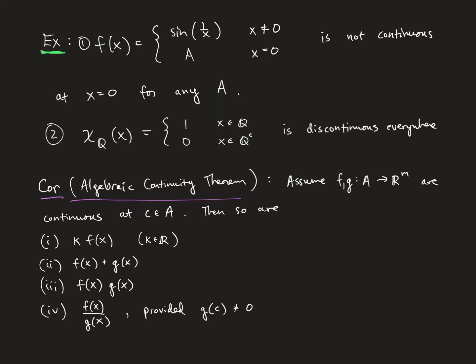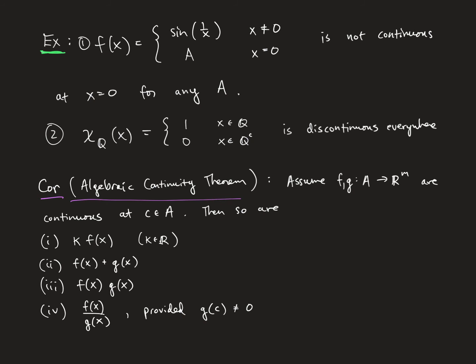Another corollary, which is fairly immediate from the sequential characterization of continuity, is the algebraic continuity theorem, just telling us how you can build up additional continuous functions from given continuous functions. So if you have two functions on a common domain, and they're both continuous at a point in that domain, then if you take either one of these functions and scale by some real number, that's continuous.